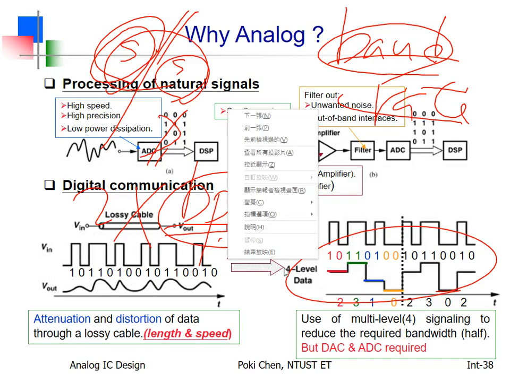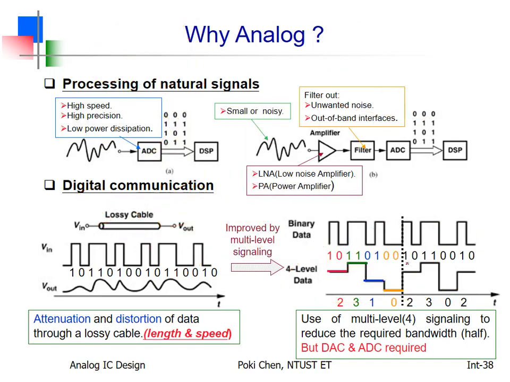But nothing is free. You need to pay for it. How to transfer multi-levels? From the beginning, you need DAC, right? According to 0 0, the minimum, 1 1, the highest. As you like. But we need DAC. That is at the transmitter side. And how about the receiver? It needs ADC.